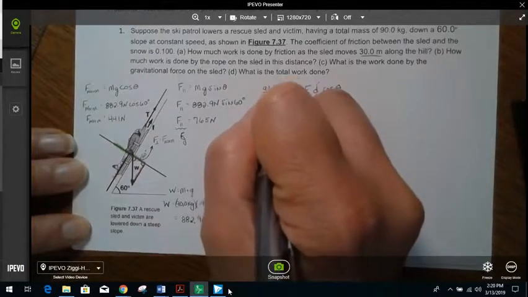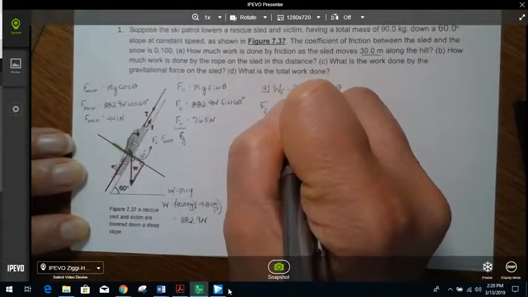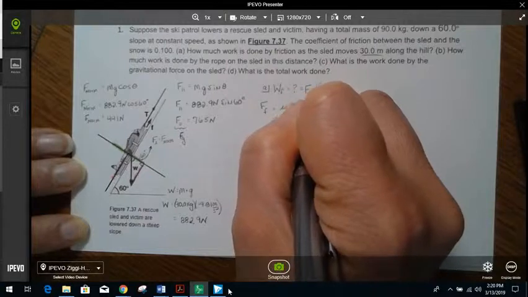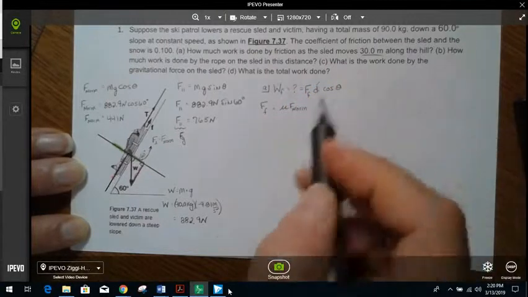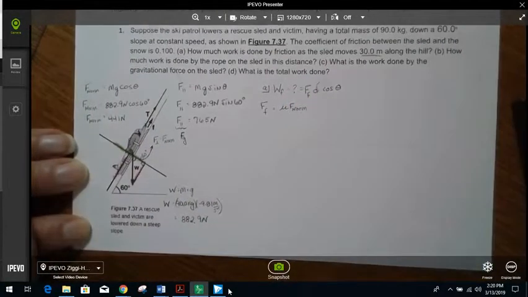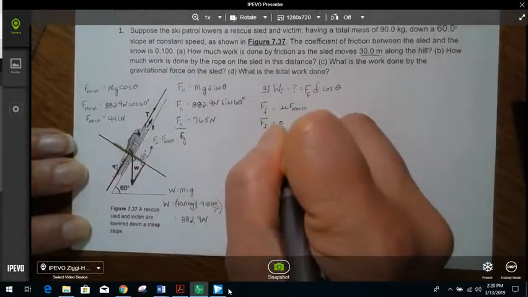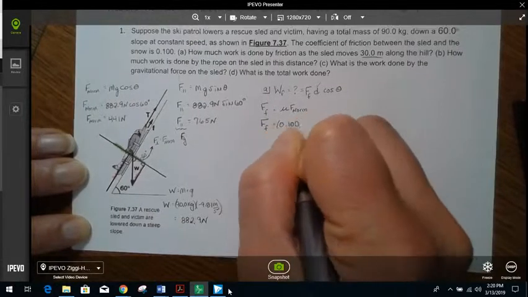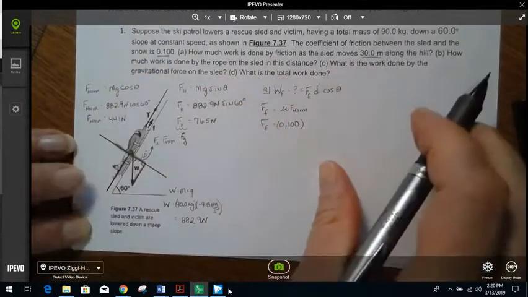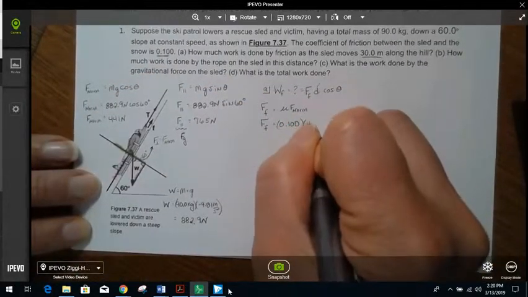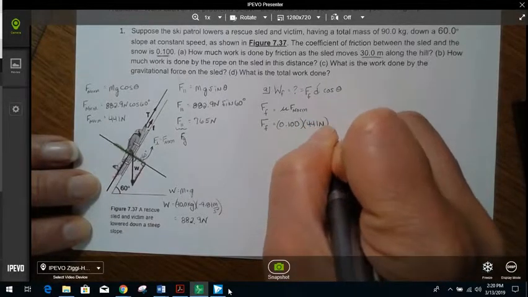But we do know the force of friction equals mu times the normal force. We know our normal force is 441 newtons, so our force of friction equals mu, which was 0.100 given to us in the problem, multiplied by 441 newtons.